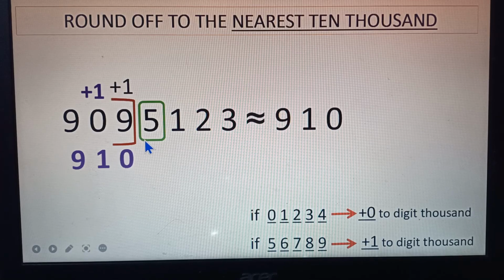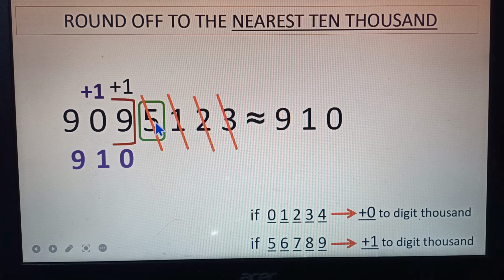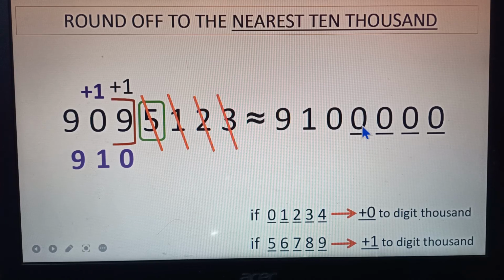How about the rest of the digit di belakang sekali? Selepas staple, so you cancel after you round off and replace with how many 0? Yes, 4 zeros. And the answer now is 9,100,000. That is nearest 10,000.